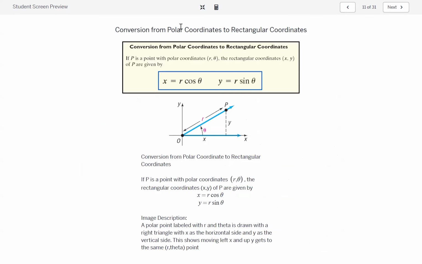So now thinking about that conversion between polar and rectangular. When I have my drawing here for my r theta point, and if I put back in there the xy point, those are two different ways of talking about the same point.